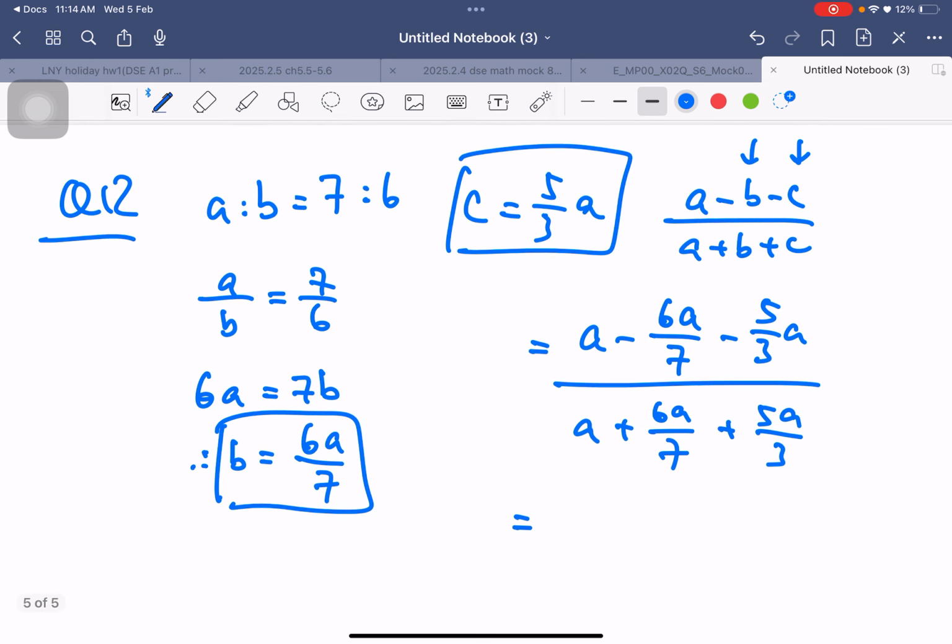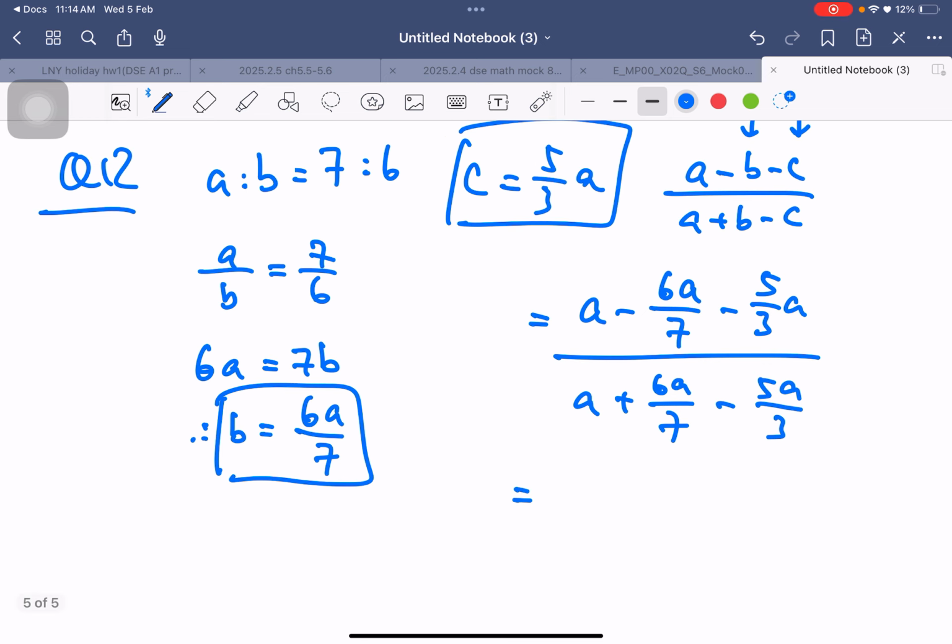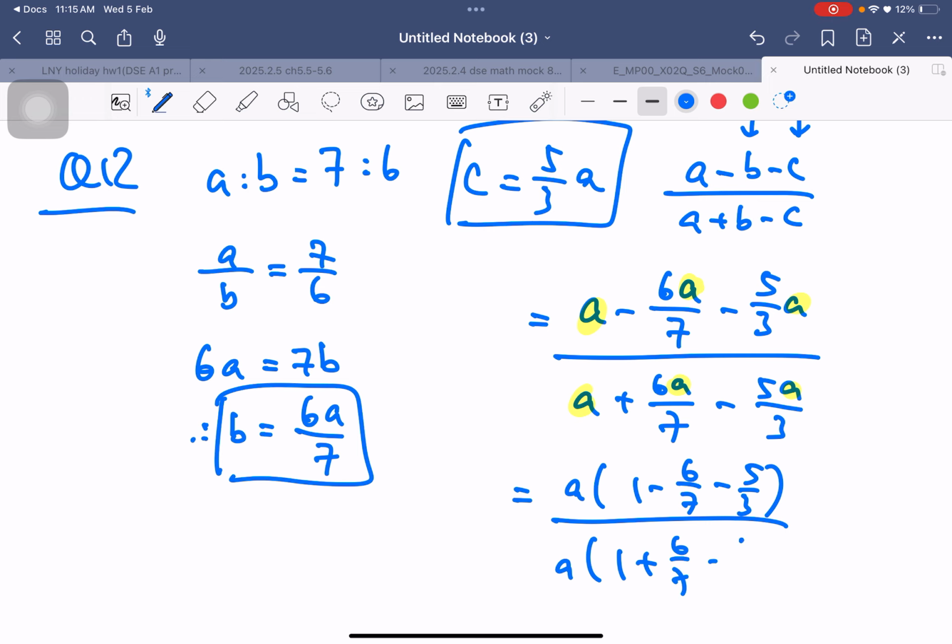No, sorry, that should be minus. Minus C. And then you can take out the A as the common factor. Then we have A times (1 minus 6 over 7 minus 5 over 3), divided by A times (1 plus 6 over 7 plus 5 over 3).